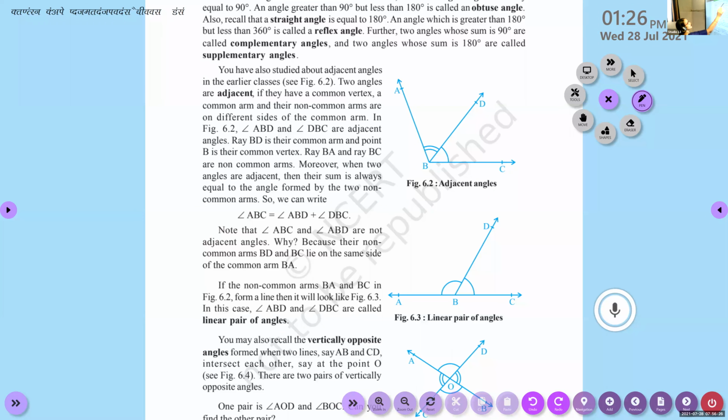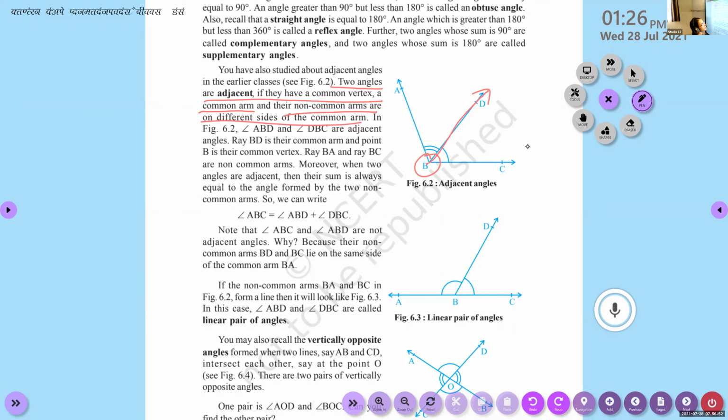Two angles are adjacent if they have a common vertex. Here the common vertex is B. They have a common vertex and common arm, the common arm BD. And their non-common arms lie on different sides of the common arm.